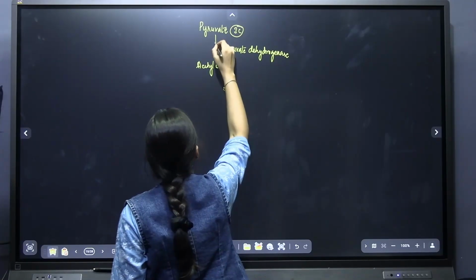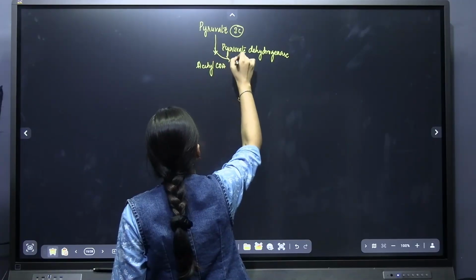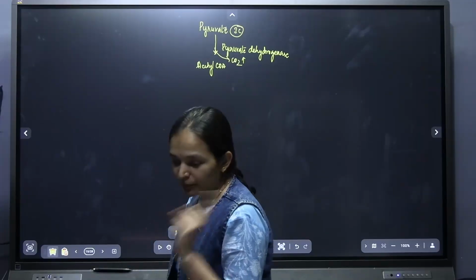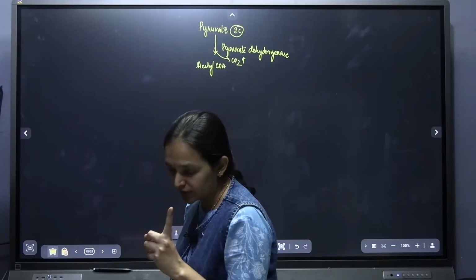In this step, one molecule of carbon dioxide will be evolved. Now I am taking only one pyruvate into the cycle.